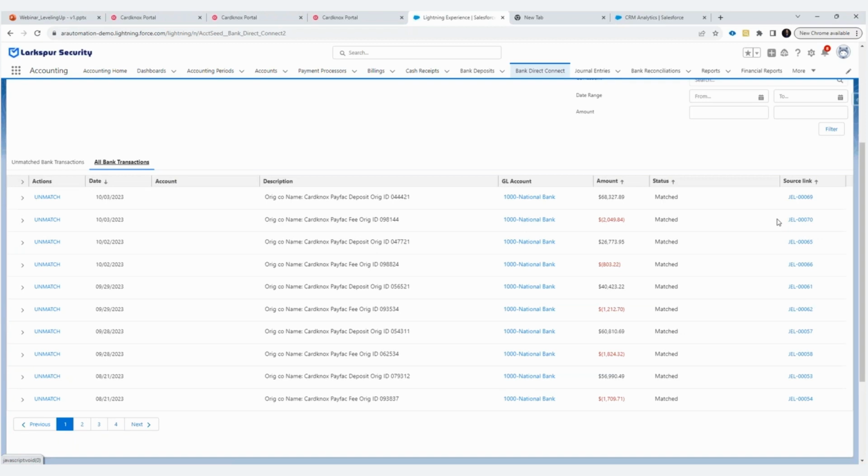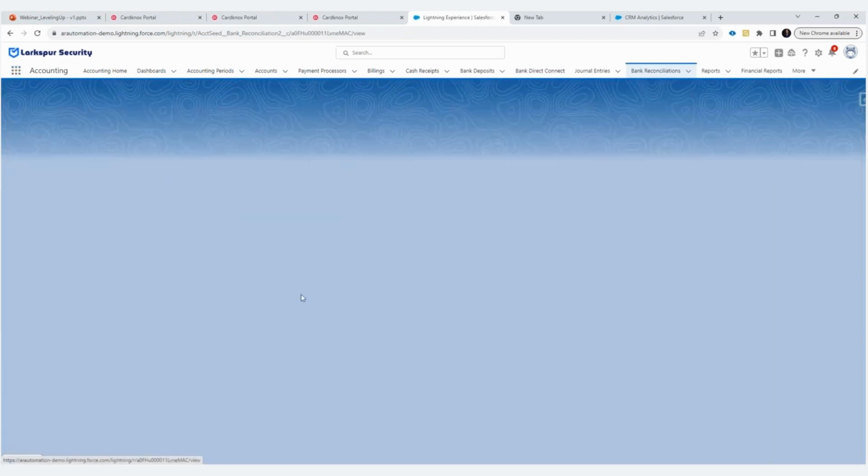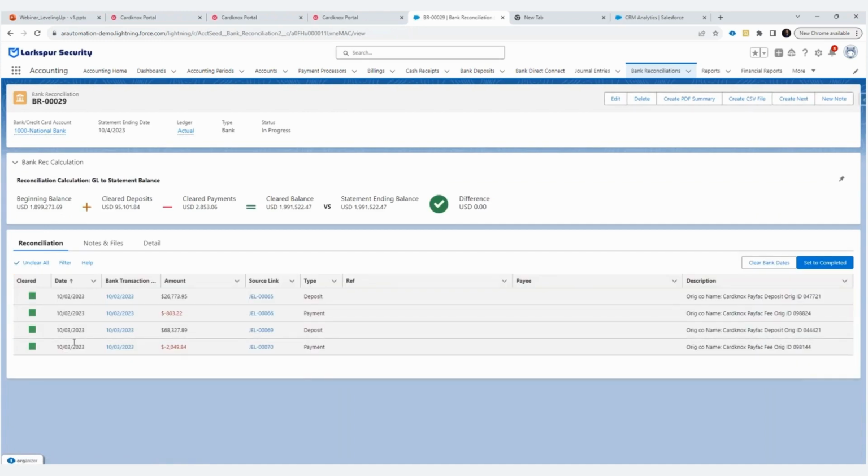Since these transactions were automatically matched in Bank Direct Connect, when we go to our bank reconciliation, we will see that the items here have been auto-cleared. So it makes the bank reconciliation process so much easier. You don't have to do all of this manually. These payments are going to be auto-cleared in the bank rec.